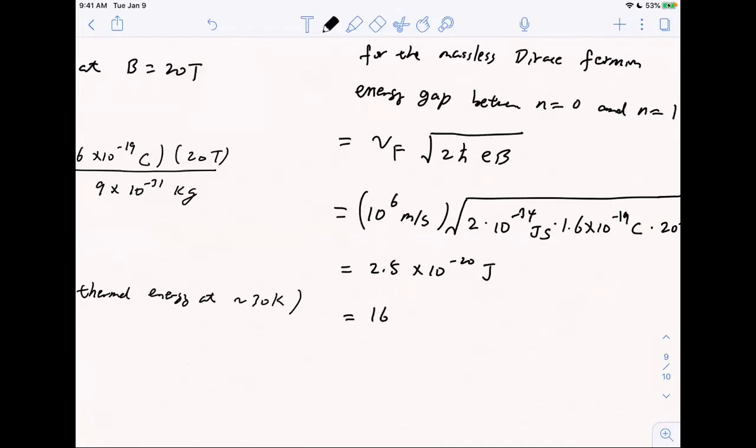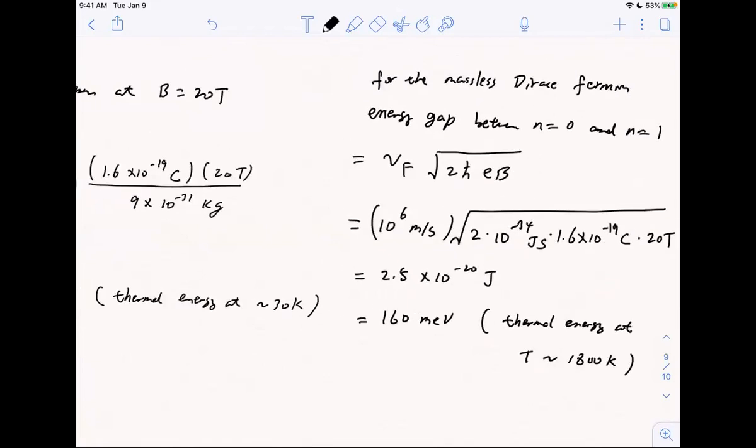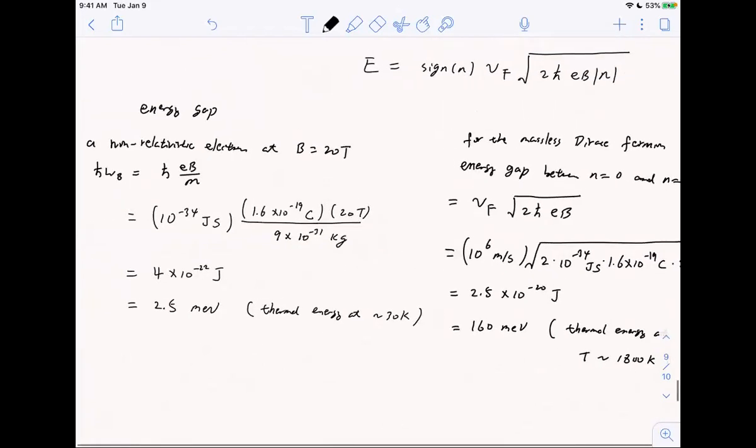So it's about 160 milli eV. So you can see that the energy spacing is very large. It's very large. Okay. Much larger than this.